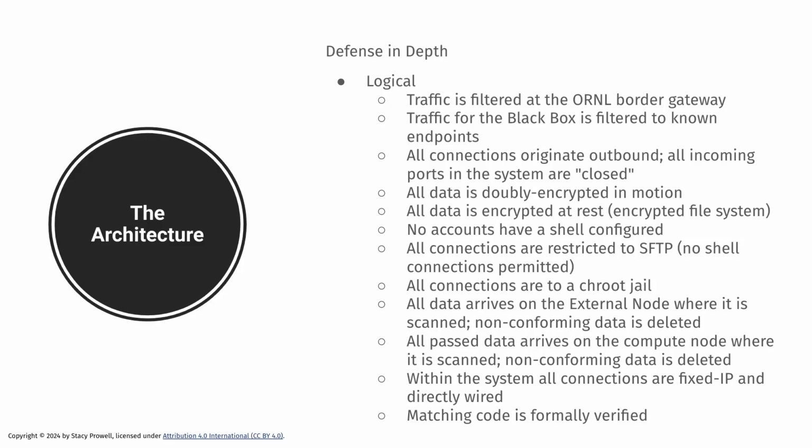Fields are at most the maximum length. Everything fits this format perfectly. If it doesn't, if fields are too long or something else is weird, we throw it away. All past data arrives at the compute node where it's scanned and non-conforming data is deleted. So again, if it doesn't match that exact EHARS format, we throw it away.